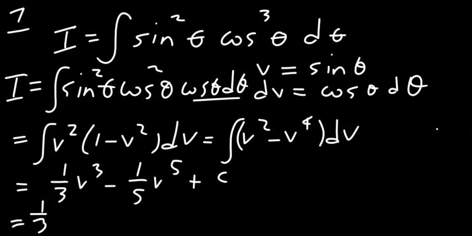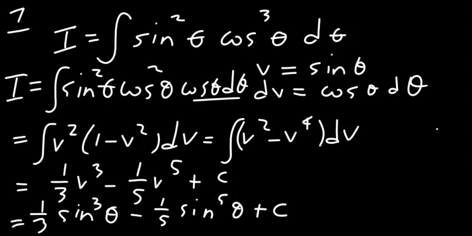Substituting the v as sine, it becomes 1/3 sine cube theta minus 1 over 5 sine to the power of 5 theta plus integration constant, and that's the answer.